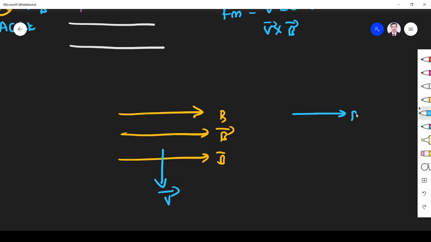So v is in this direction, B is in this direction. The angle is 90, no problem, so it will be maximum force, but whether it is coming out of the screen or going inside the screen, that is the question. You again check in which direction we have to move, v cross B, from v to B. We are moving in the clockwise direction. Whenever we move anything in the clockwise direction, it will close.